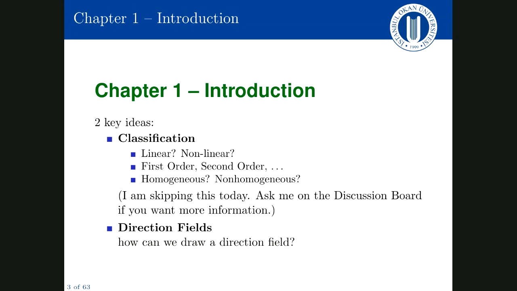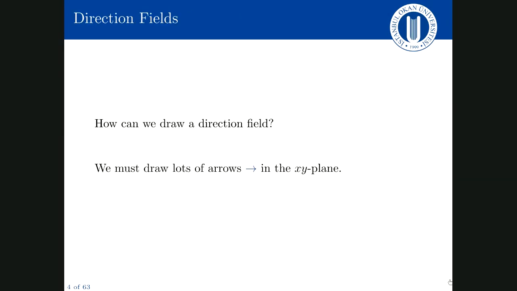In particular, how can we draw a direction field for a first order equation? The idea is we need to draw lots of little arrows in the XY plane. All of these arrows should point to the right. So we might have an arrow like this, we might have an arrow like this, we might have an arrow like this.